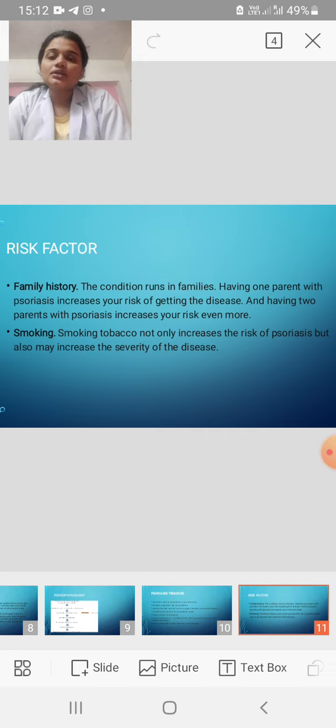Smoking: smoking tobacco not only increases the risk of psoriasis but also may increase the severity of the disease. So the risk factors are family history and, second, smoking.